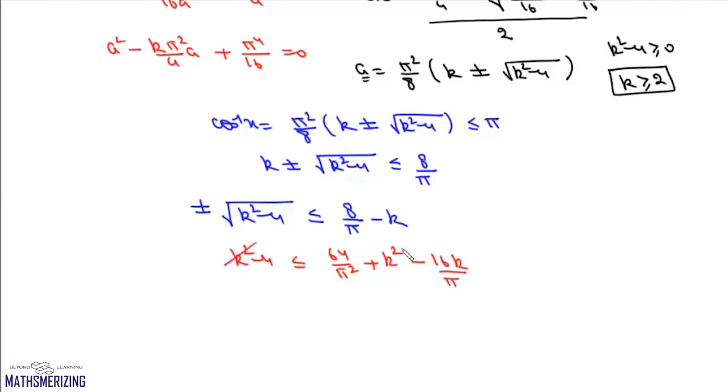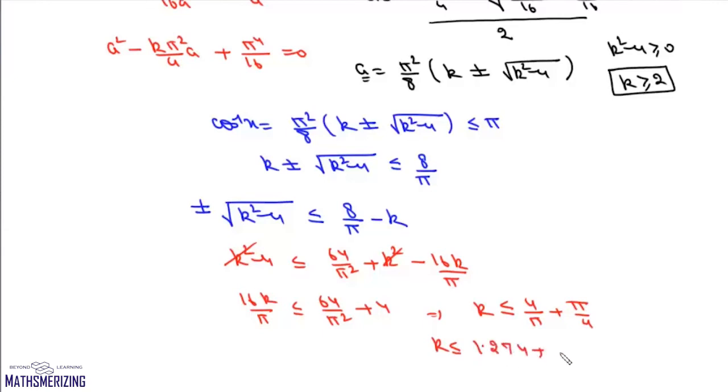Now here k square will cancel. So we'll get 16k upon pi is less than or equal to 64 upon pi square plus 4. Now we'll multiply and divide with pi by 16. So we'll get k is less than or equal to 4 upon pi plus pi upon 4.